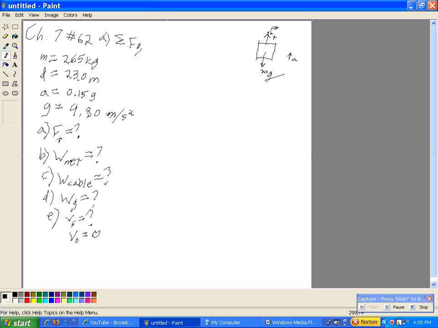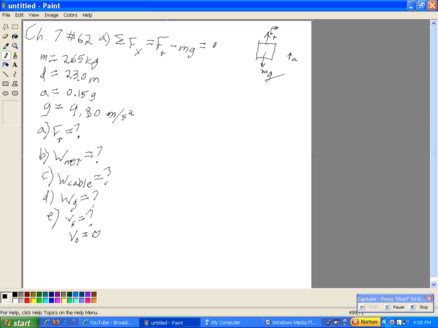That would be the tension force minus the force of gravity, the weight of the object, and all that equals ma.